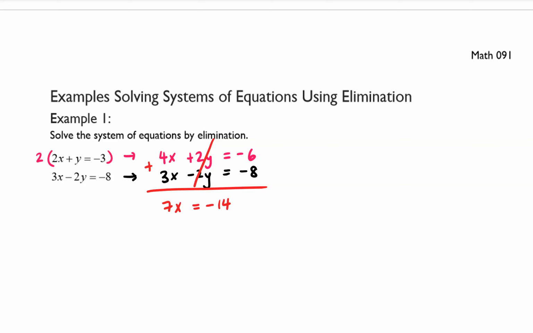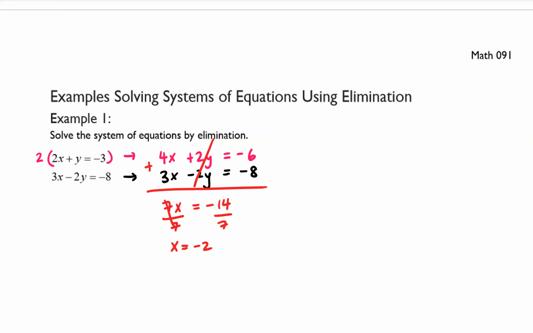So my suggestion is, do whatever you'd like as long as you're able to understand that you can multiply the equations by whatever as long as you can eliminate one of the variables. But for me personally, I'm trying to do as little work as possible, so I want to be strategic about what I'm multiplying by. So if I divide both sides by 7, I end up getting that x equals -2 here.